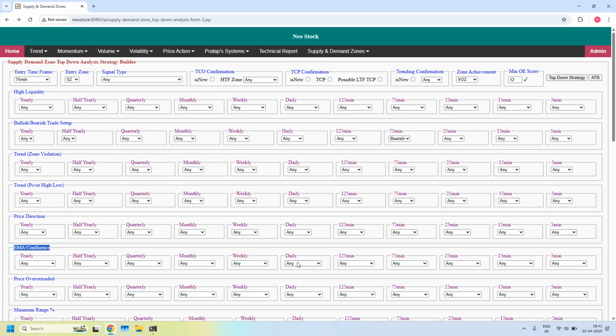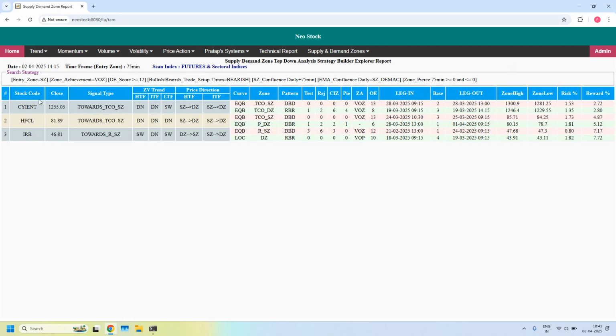In the EMA confluence at daily, I am checking daily supply zone having daily EMA confluence. We got 3 stocks. So these 3 75-minute supply zones have an even higher probability of success. That is the reason this supply zone is already tested 3 times. Actually, 6 rejections, 6 times.